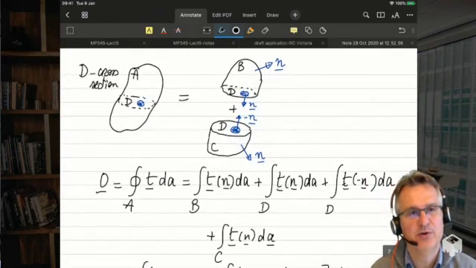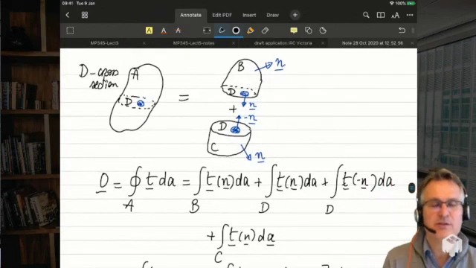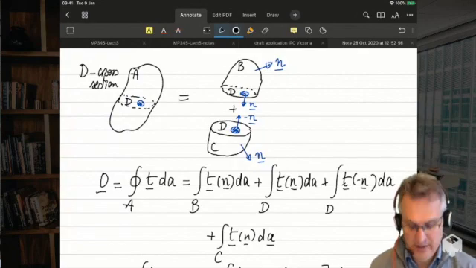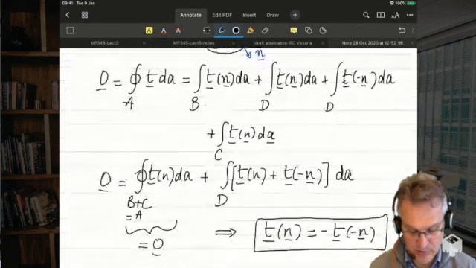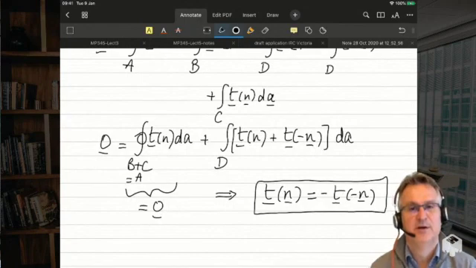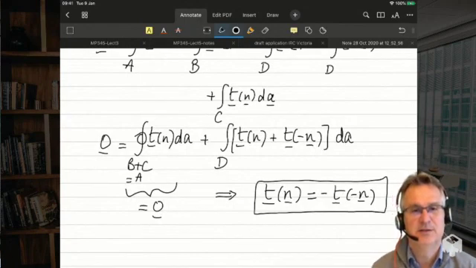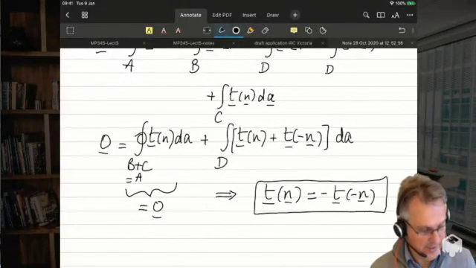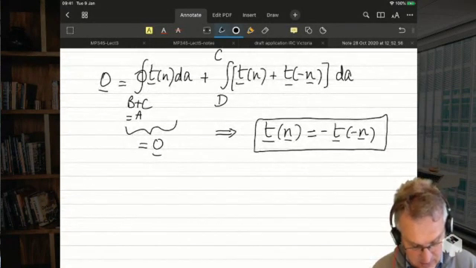If you look at your body as a juxtaposition of two halves, then you will have to conclude for this body or for any body that T is an odd function of N, the vector N. Okay, and that's now going to lead you to what's called Cauchy's theorem.